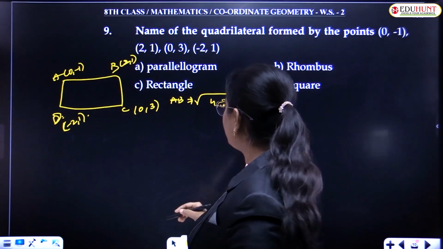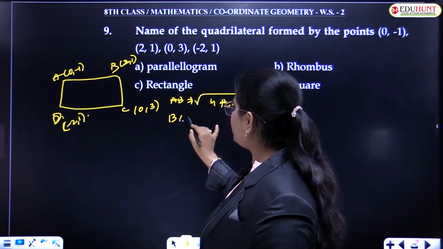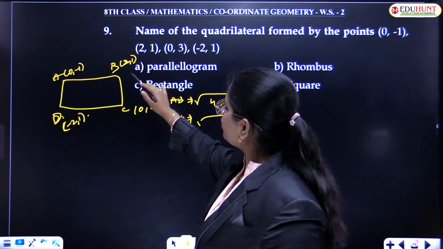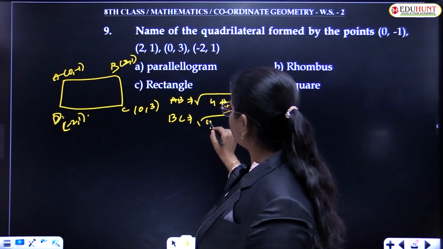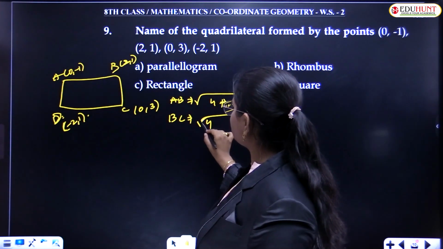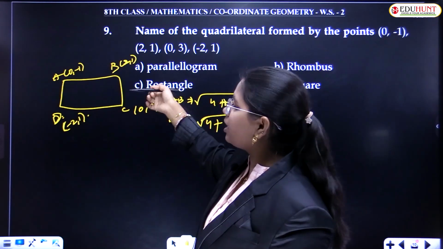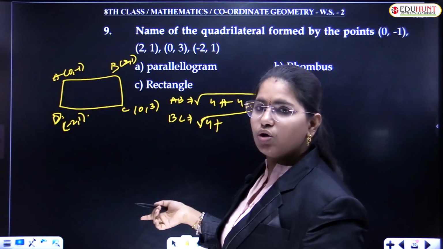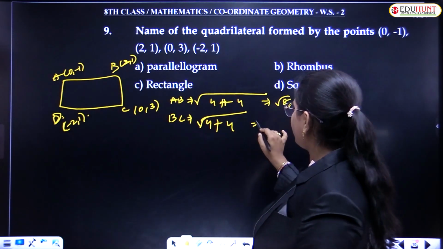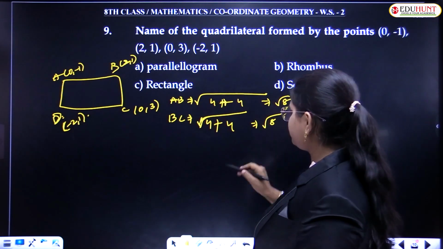Root 8. Next, we will calculate BC length. 0 minus 2 whole square is 4 again, plus 3 minus 1 whole square is 2 square, which is 4. Again root 4 plus 4 is root 8.